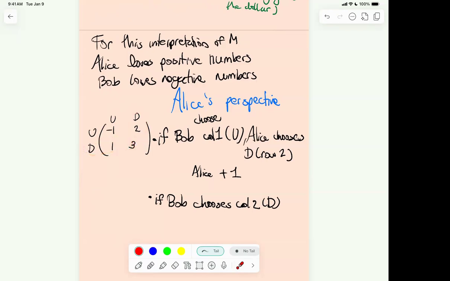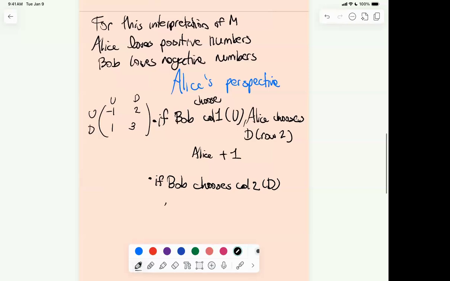So Alice chooses D, which is row two. In this particular round, if the game had gone that way, she would have ended up with +$2. Is that making sense so far?